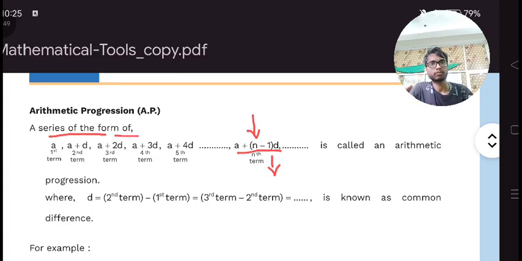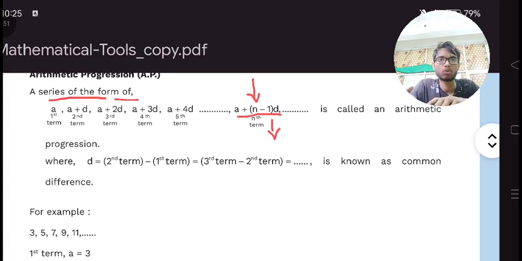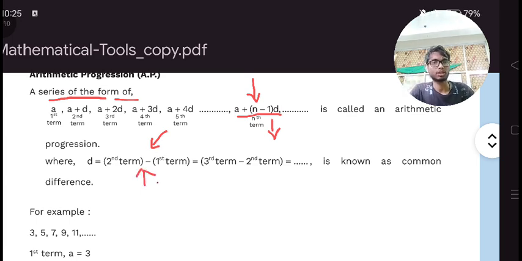Okay, now where d is equal to the second term, how to calculate d? And d stands for difference. Here we are not adding, rather than adding we are subtracting the first term from the second term. This is what is happening over here. So d is just a difference.